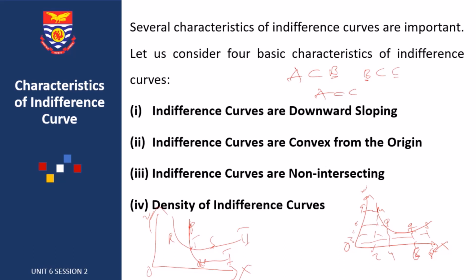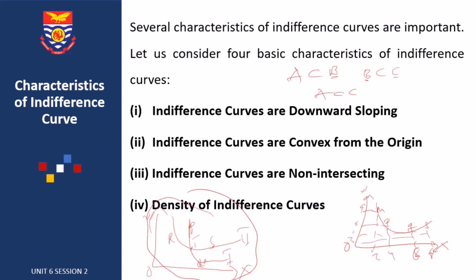And also, since P is preferred to R, T must be preferred to R, but T is also equal to R, because they are on the same indifference curve in terms of level of satisfaction. So clearly, indifference curves cannot cross or intersect each other. This diagram should never hold. That's what we are saying for the third characteristic: indifference curves are non-intersecting.